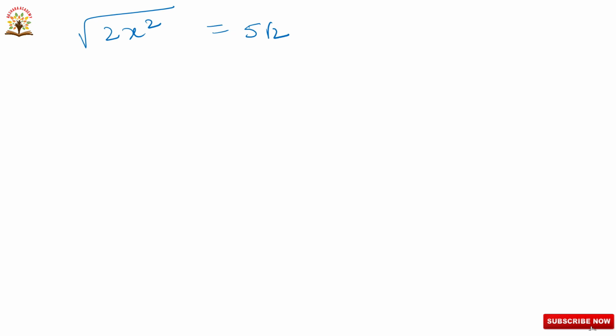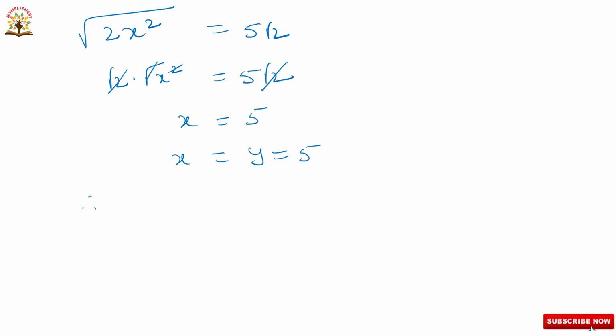So this can be written as root 2 into root x square equals 5 root 2. Here root 2 gets cancelled, square and under root cancel. So x equals 5. x equals y equals 5, because they given the line x equals y.